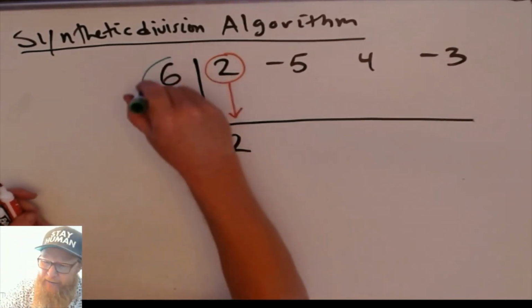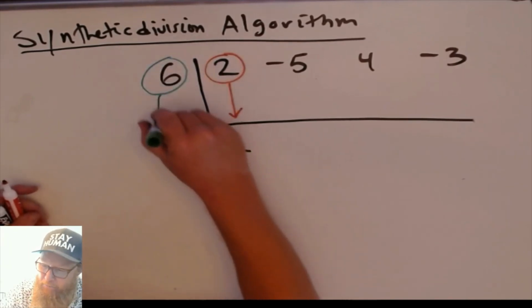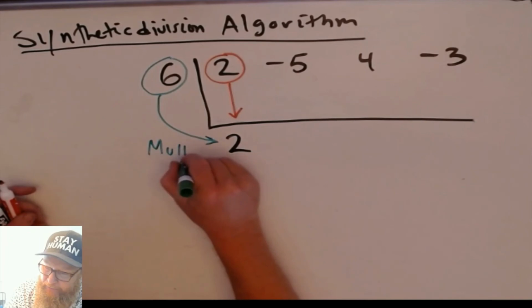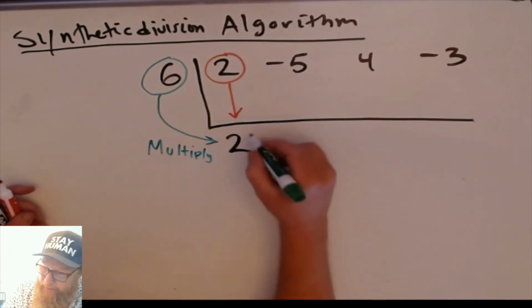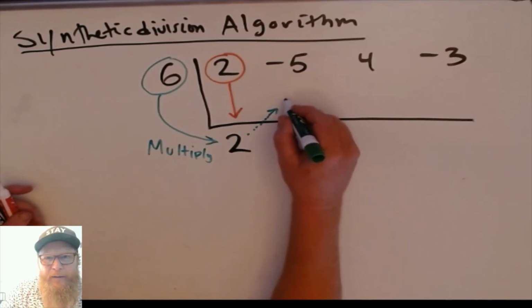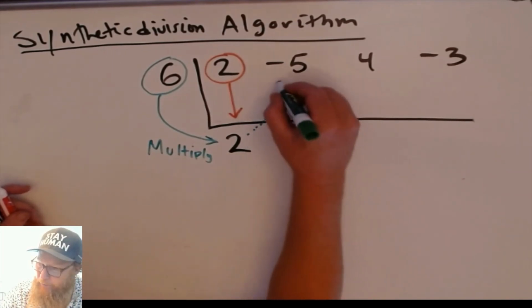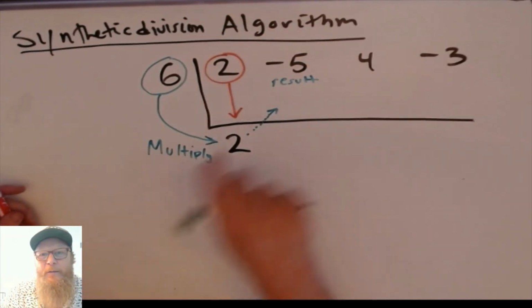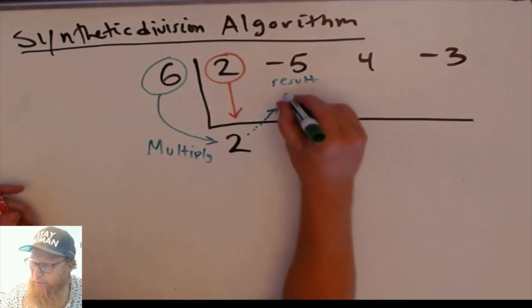Now you take the divisor, you multiply by the leader, and then you put the result here. 6 times 2 is 12.